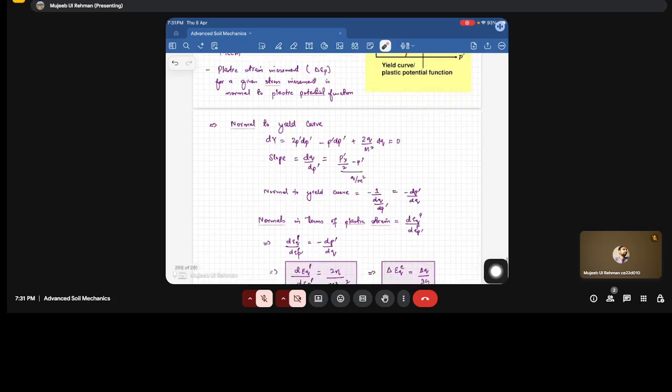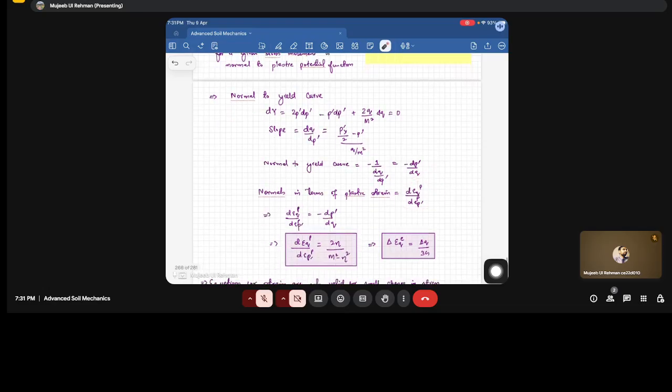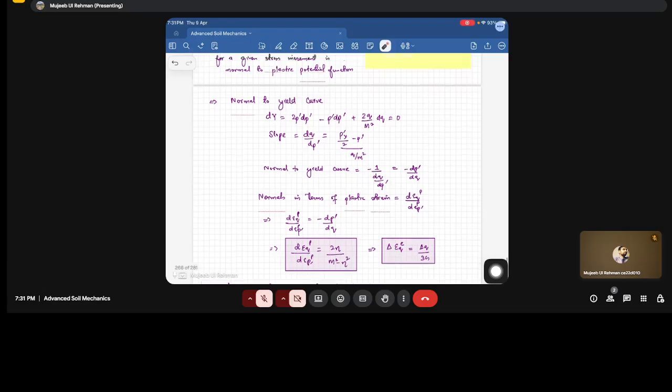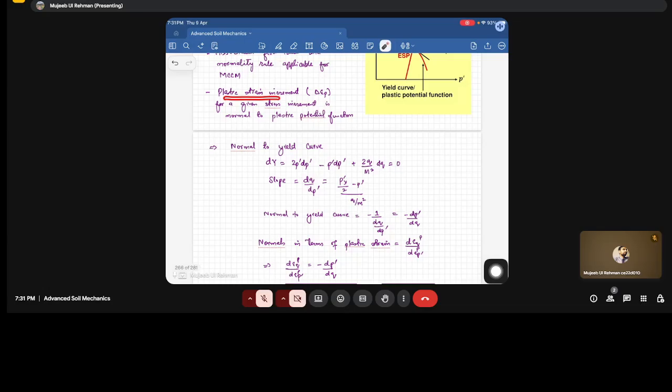We get the normal to the yield curve as minus dp dash divided by dq dash. The normal in terms of plastic strain is given by d epsilon q p divided by d epsilon p dash p, and both have a slope of minus 1. So d epsilon q p divided by d epsilon p dash p is equal to minus dp dash divided by dq dash. Why? Because the plastic strain increment for a given stress increment is normal to the plastic potential function.